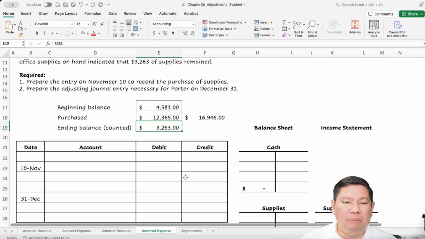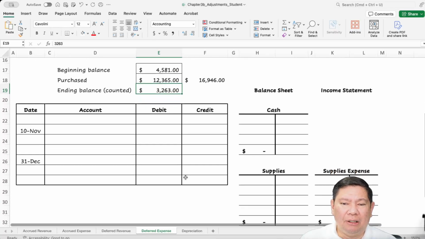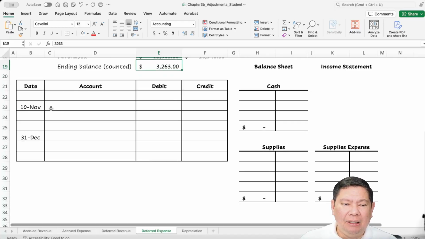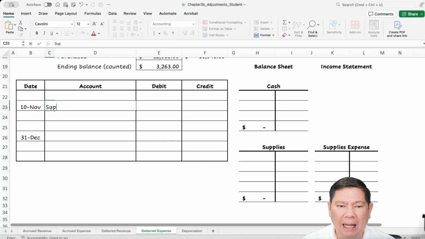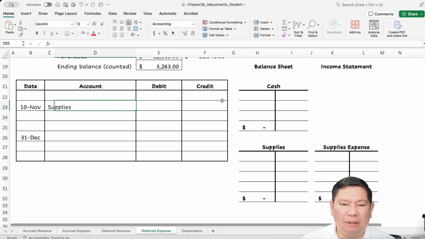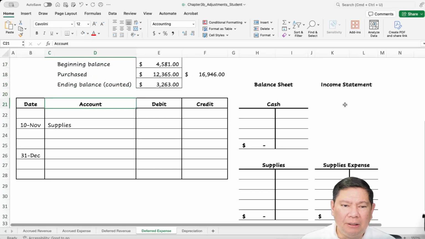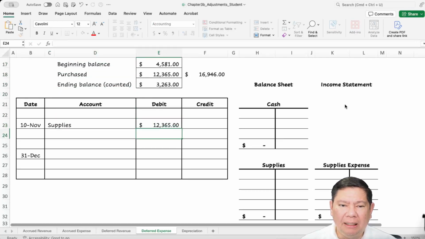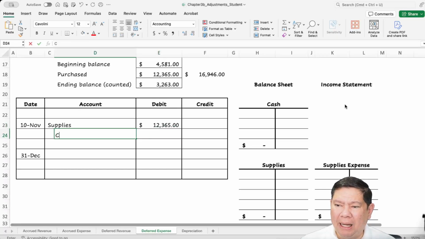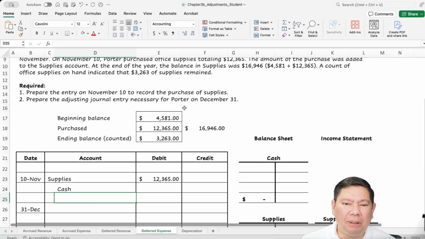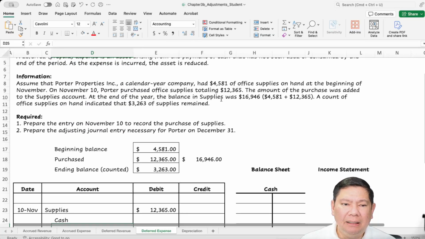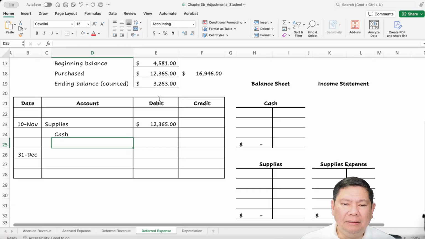So on November 10, to record the purchase, we have supplies on debit. Our supplies goes up for $12,365, and we paid cash for that purchase.